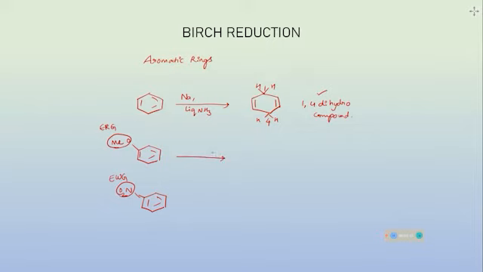So the electron releasing group on reaction with sodium in the presence of liquid ammonia produces a 1,4-dihydro compound, but the double bond will be adjacent to the electron releasing group. If an electron withdrawing group attached to benzene is reacted with sodium in the presence of liquid ammonia, it produces 1,4-dihydro compounds, but the double bond will be away from the electron withdrawing group. This is a very important regioselectivity of Birch reduction.